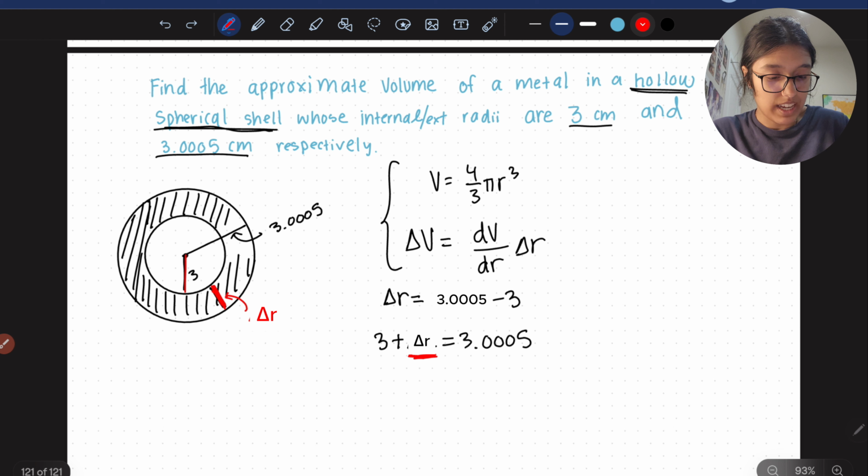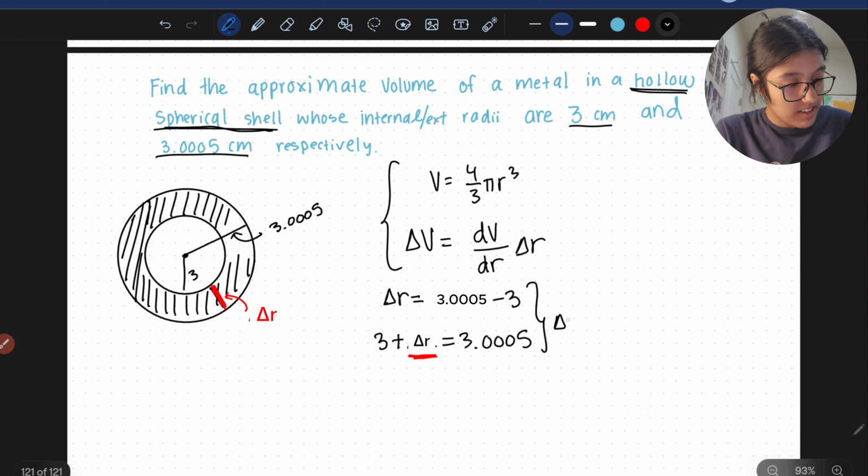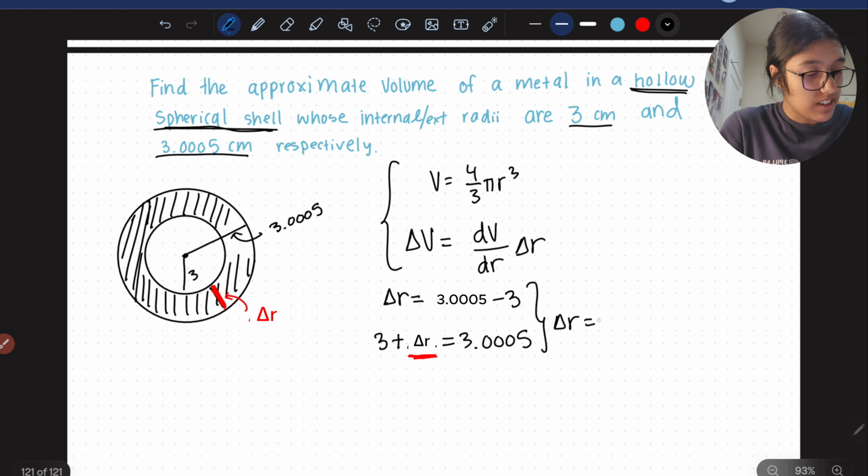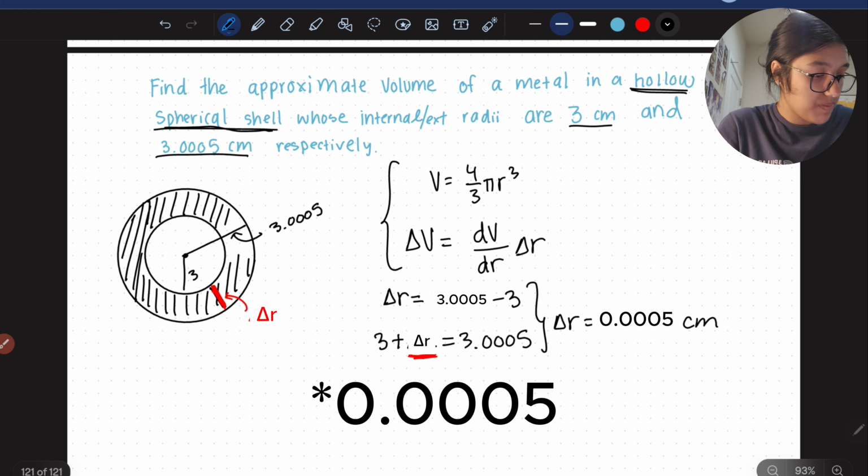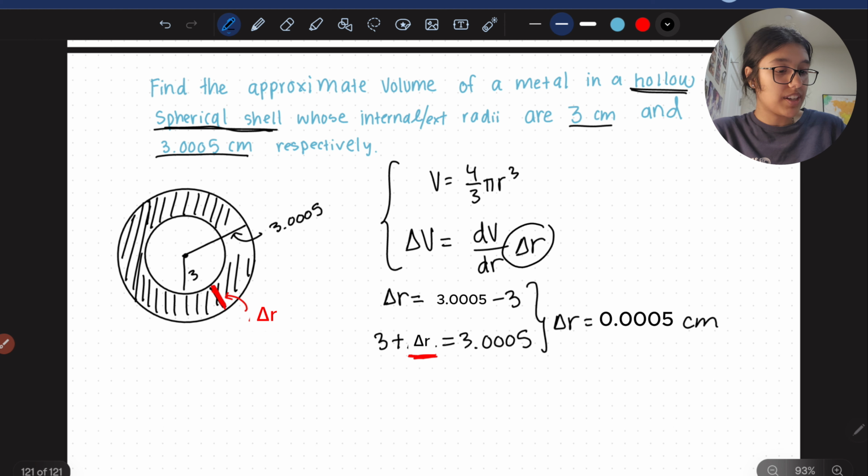And that's where we get our delta r. Either way, delta r or delta x, they're both the independent variable. That will give us 0.0005 centimeters. So that's delta r. We have already found this part, so that's pretty good.